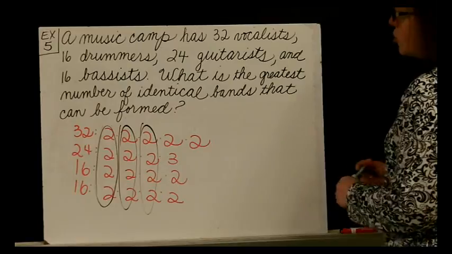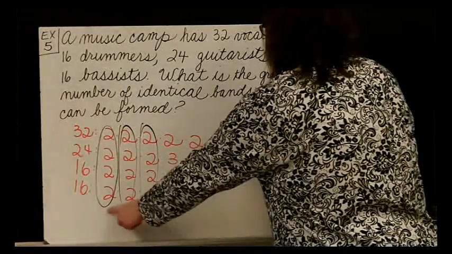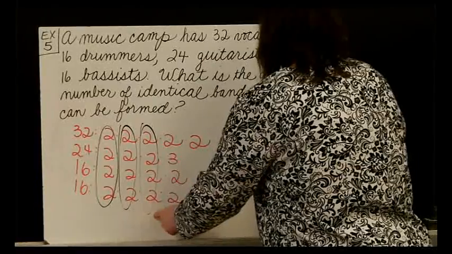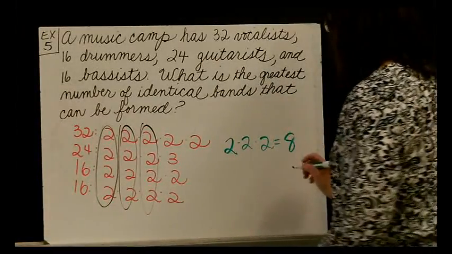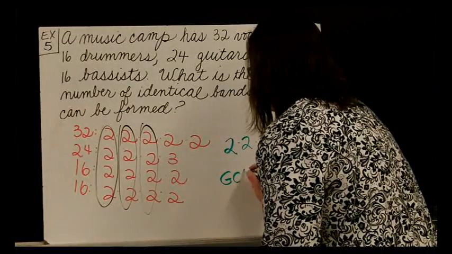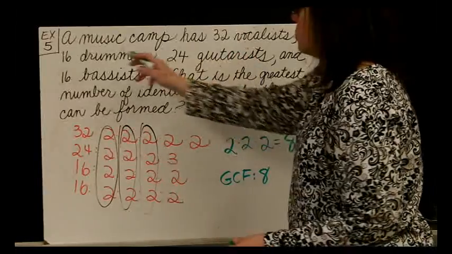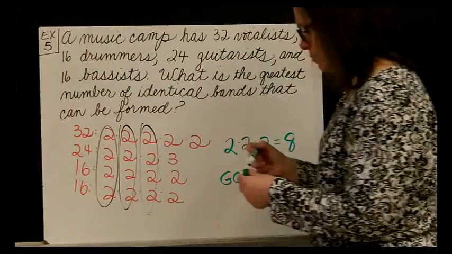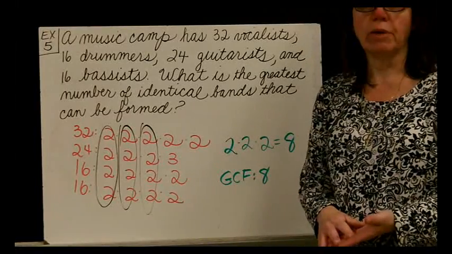Next, we make our expression. 2 times 2 times 2, which is 8. So the greatest common factor of the numbers 32, 16, and 24 is 8, which means they can make 8 identical bands.